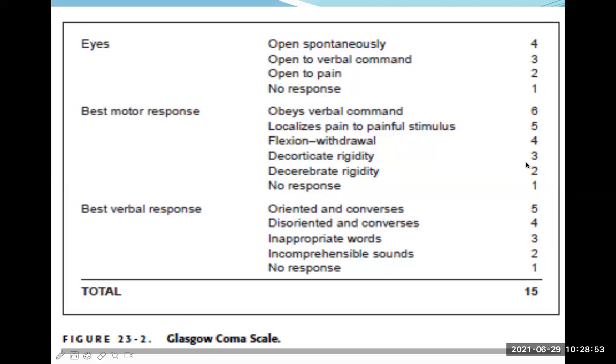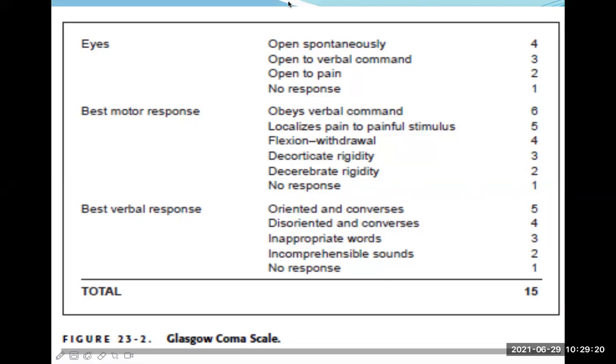Decorticate rigidity is 3. Decerebrate rigidity is 2, and no response is 1. I think I've explained this point with you in the last few classes. In decorticate, the upper limbs are flexed, but the lower limbs are extended. Whereas decerebrate means all 4 limbs are in extension, and this is a very, very serious condition.